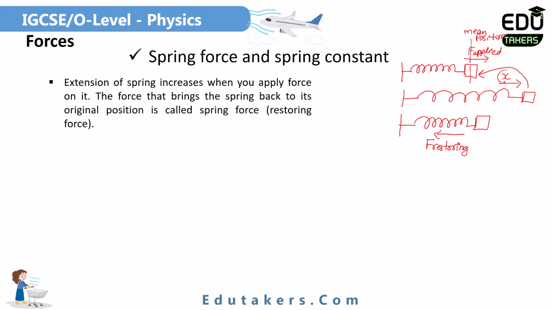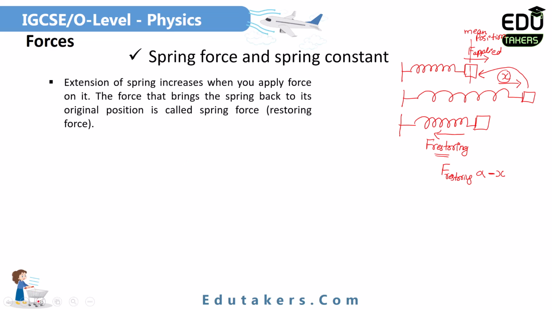Extension is towards the right and the restoring force is towards the left. Both of these have opposite directions. That's why according to Hooke's law, the restoring force is directly proportional to the extension with the minus sign. This minus sign shows that the direction of the restoring force and extension are opposite.